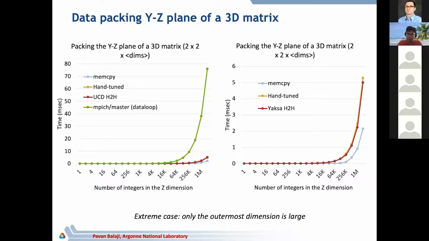So I know upfront the block length, for example that each element in the non-contiguous leading dimension is just one element of a double. I can pass that information to the compiler, which can do better optimizations inside Yaksa. In this particular version of the hand-tuned code, that information was not passed to the kernel, so it lost some performance. In theory, the hand-tuned code could have done that as well, but it just makes the user code more clumsy.